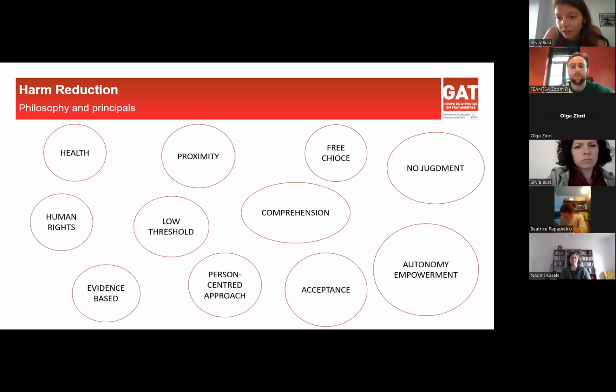With harm reduction, it's not the same. Every method of harm reduction is being studied and tested, with a lot of research about it, and we have proved that it works and why it works. There are a lot of papers about it. Harm reduction doesn't use methods that are not evidence-based.